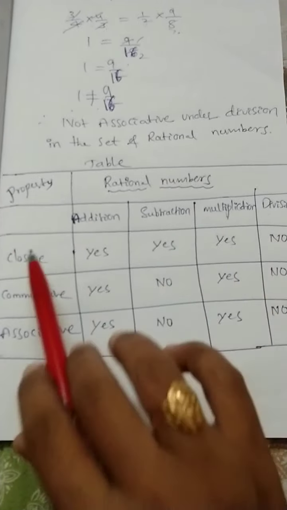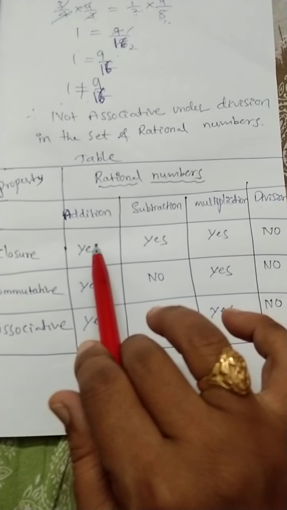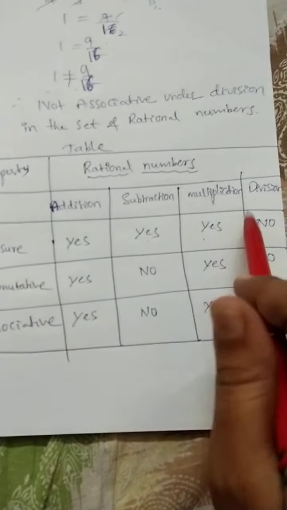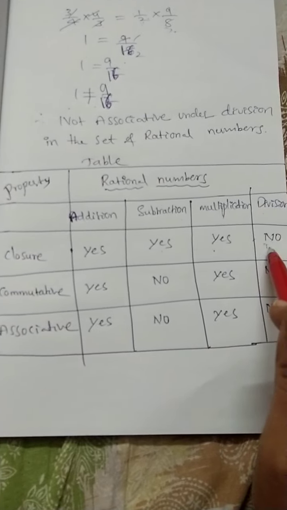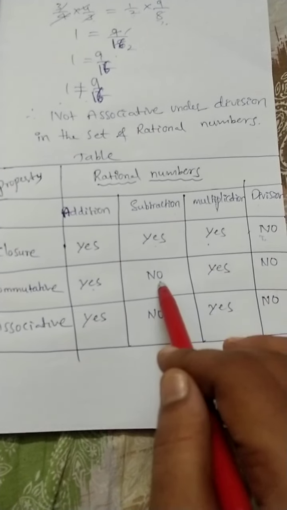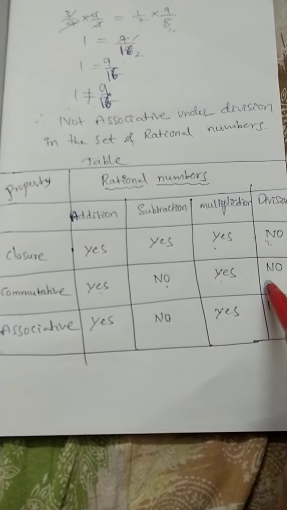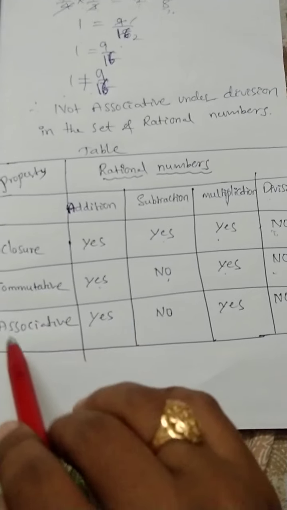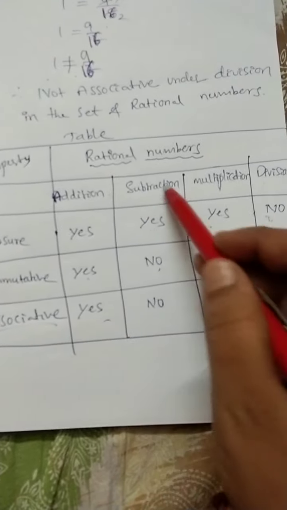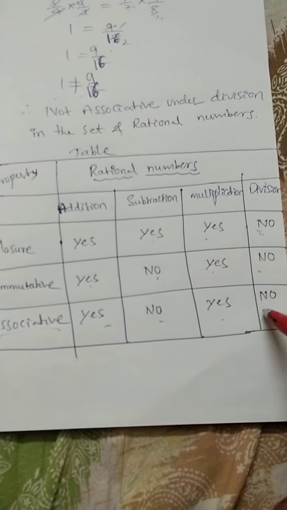How will it be? Closure property: under addition satisfied, subtraction also satisfied, multiplication also satisfied, but division not satisfied. Next, commutative property: under addition satisfied, subtraction not satisfied, multiplication satisfied, division not satisfied. Next, associative property: under addition satisfied, subtraction not satisfied, multiplication satisfied, division not satisfied.